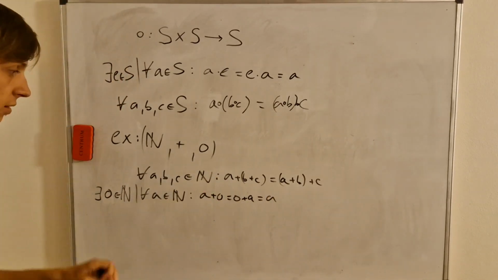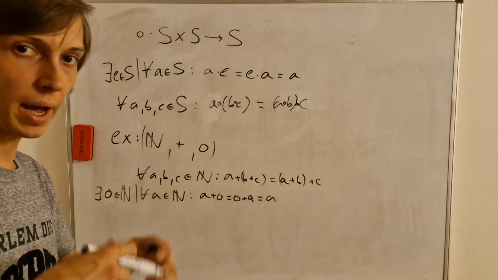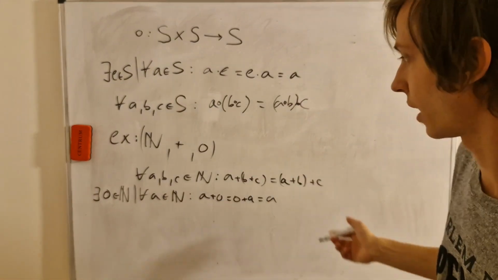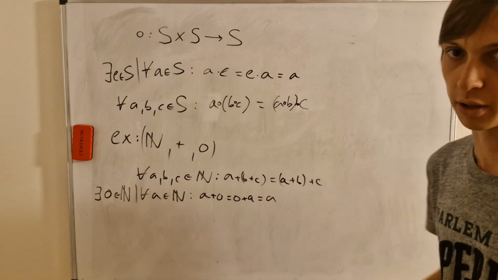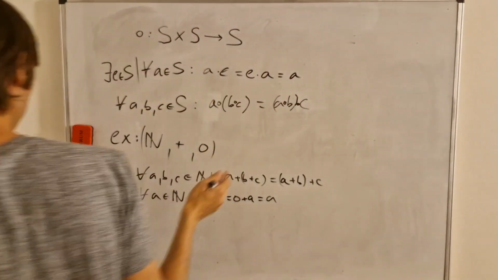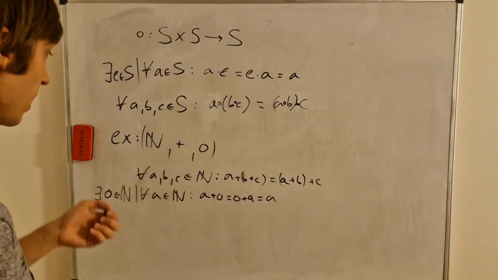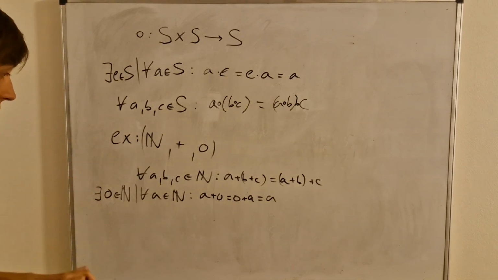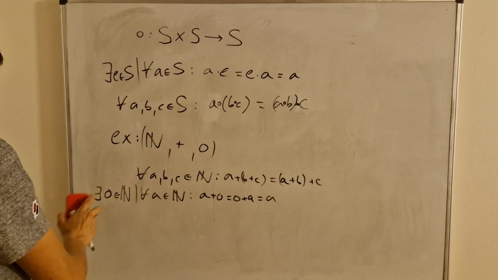As you see, this is the identity element under addition, and also for multiplication. So this would already be an example of a commutative monoid, because addition and multiplication between natural numbers are commutative. So that's nice as an example.